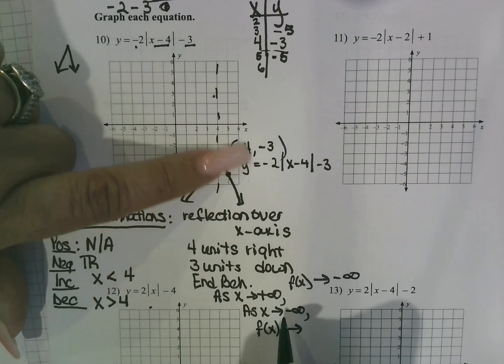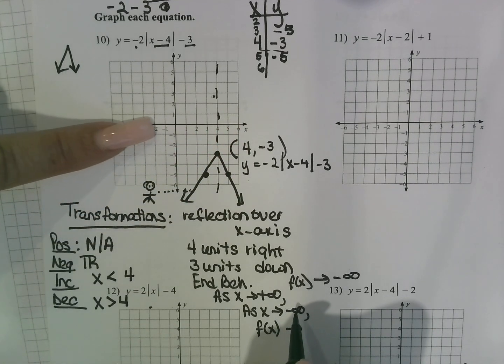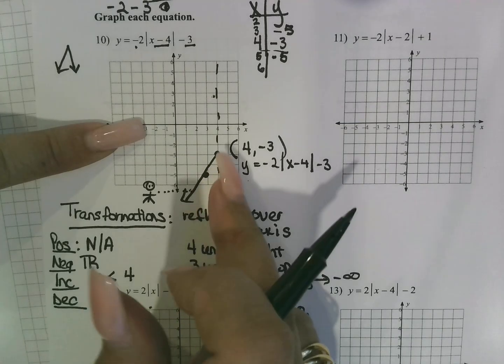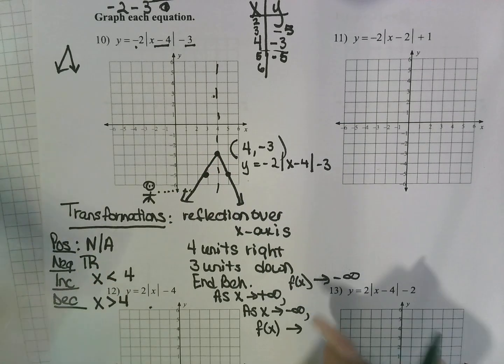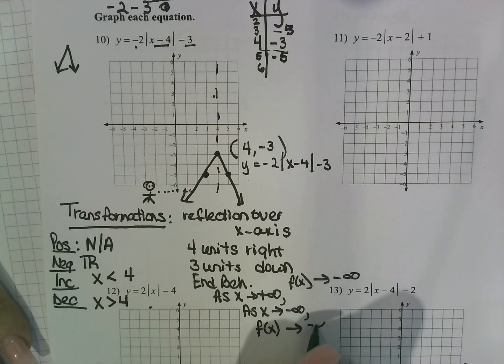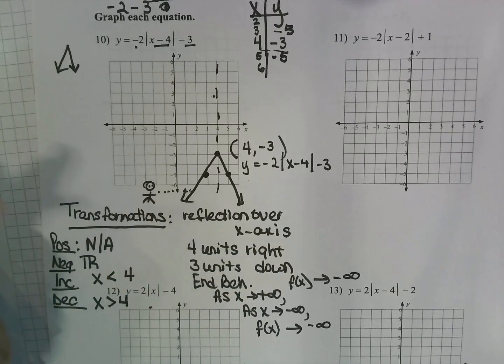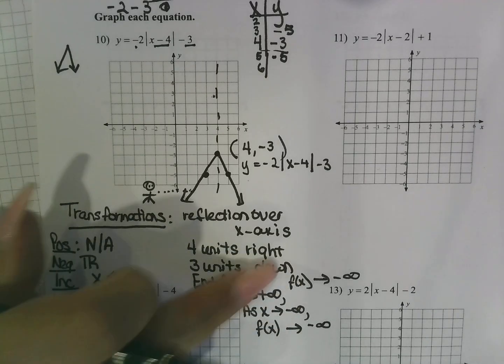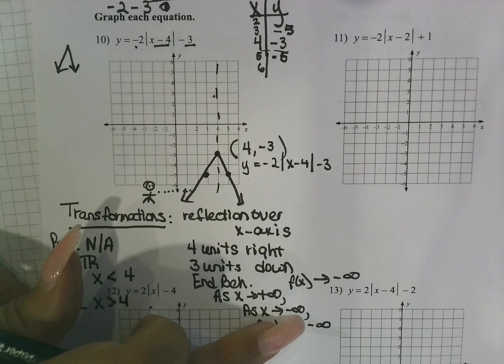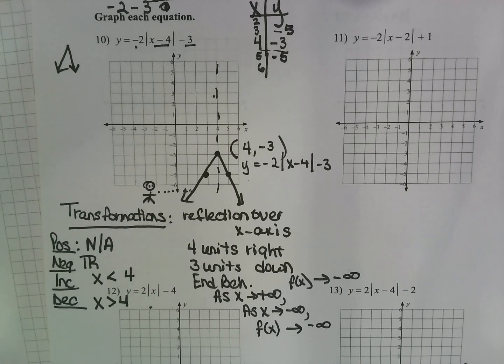As x goes to negative infinity along the x-axis, y is also going to negative infinity. So this one is going to be both of them: f(x) goes to negative infinity for both. Okay? And it makes sense. It's going down and down.